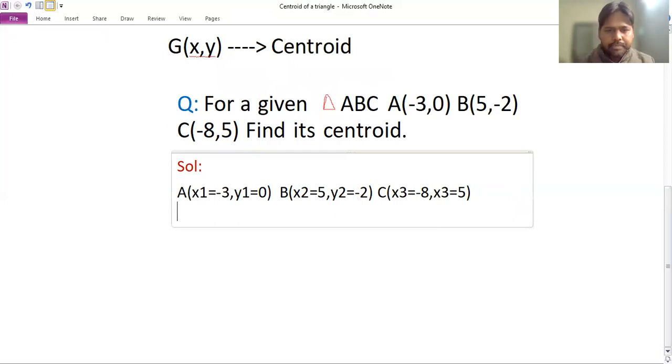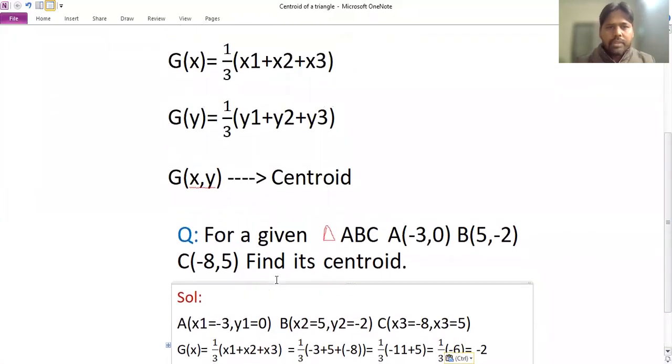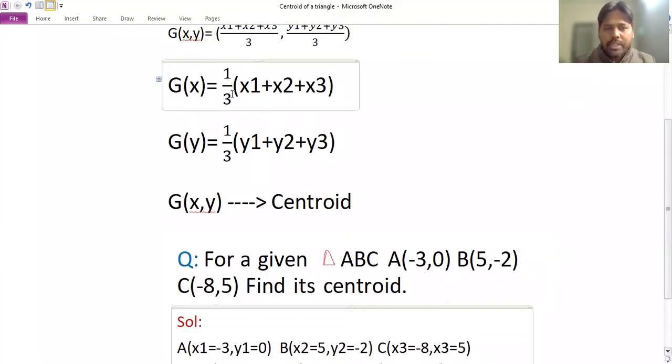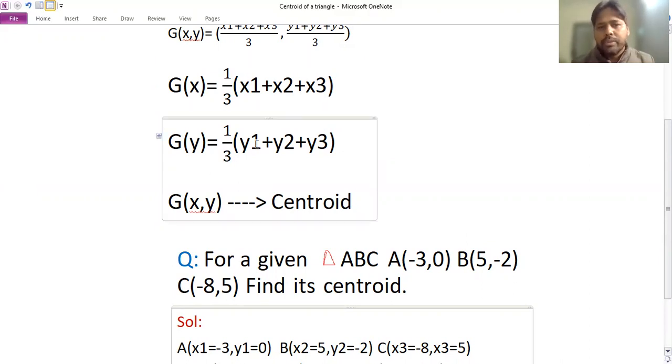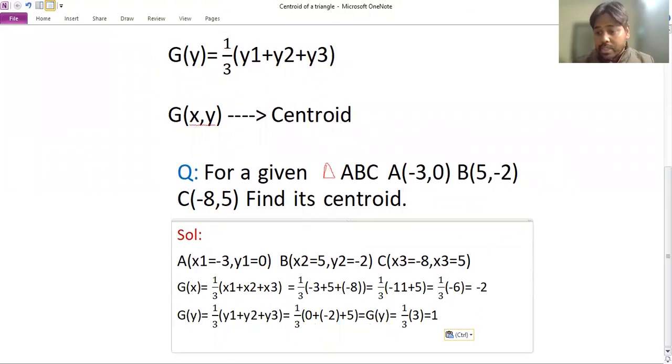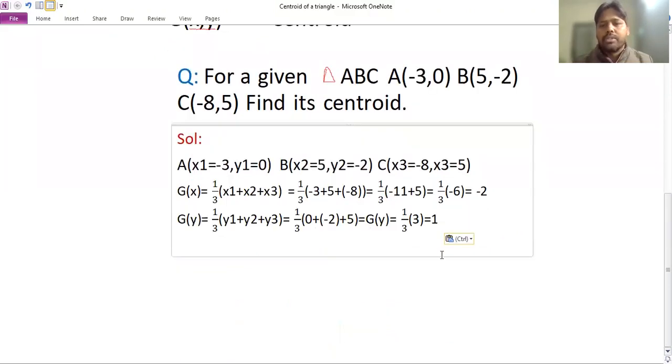After that, very minutely and very cautiously, we have to put the values into the formula that we have already seen: 1 upon 3 (x1 plus x2 plus x3), and 1 upon 3 (y1 plus y2 plus y3). This is the formula that is going to give us the centroid.